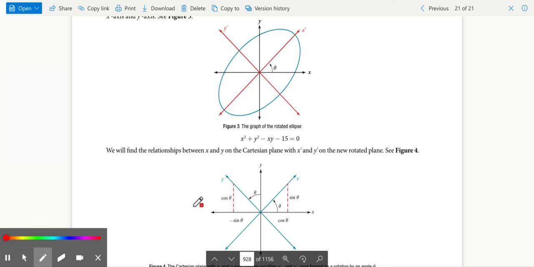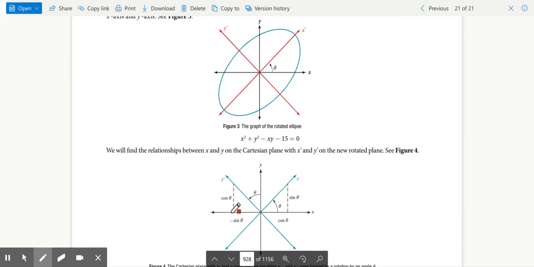Okay, I'm going to start writing things down. They have a whole proof of this further down using vectors, but I'm going to do it a little bit different way. So if you think about it, the x distance that I have gone, if I shift my axes and I go a certain x prime distance, the x distance that I've gone is x prime cosine theta and negative y prime sine theta.